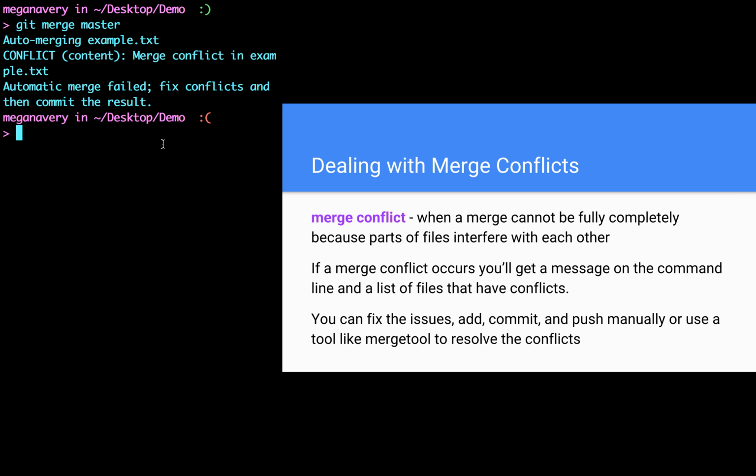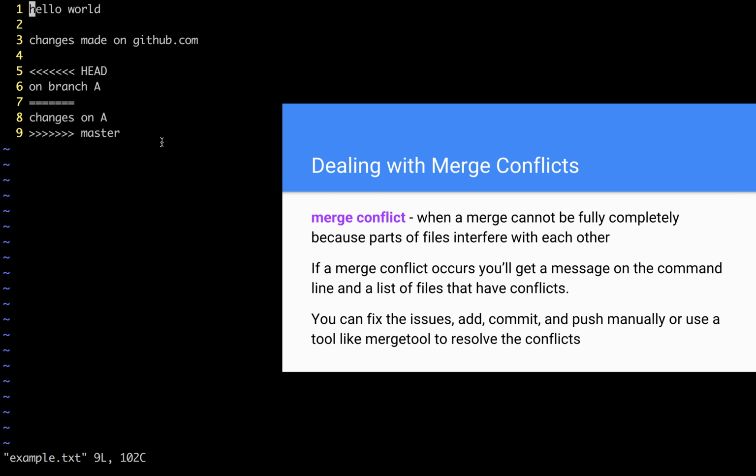If I open example.txt, this indicates what was on head, so my version, and this is what was on master, what I tried to merge in, and I have to decide who wins in this situation and remove all these extra characters.